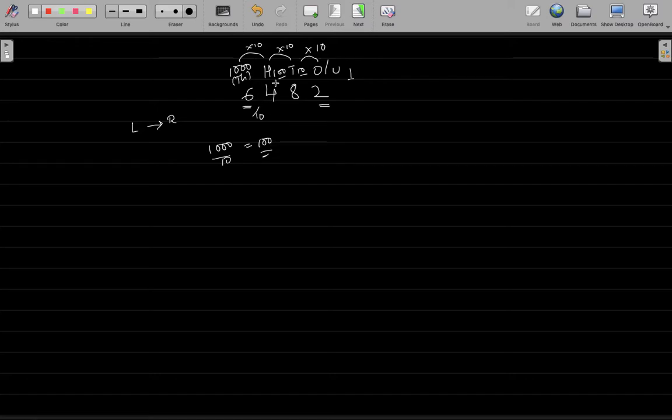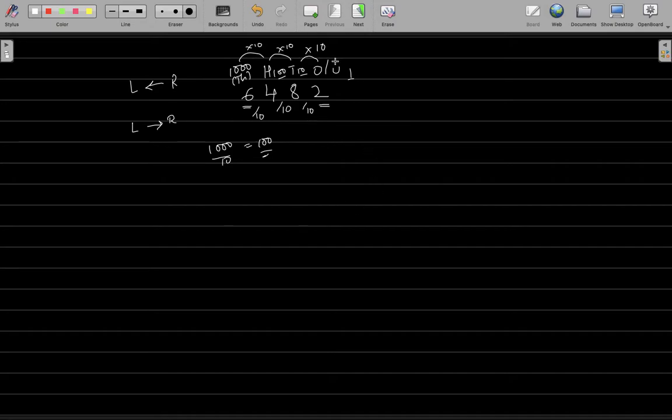Towards the right of 1000 you have the hundreds position, towards the right of 100 you have tens place, that is 100 by 10, and towards the right of 10 you have ones place, which is 10 by 10. You understand? So moving from right to left, you are multiplying the position values by 10, and moving from left to right, you are dividing the position values by 10.